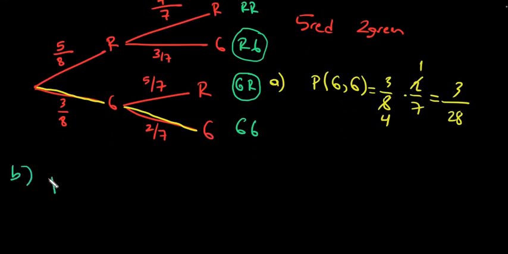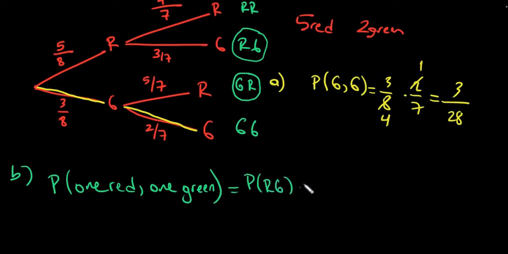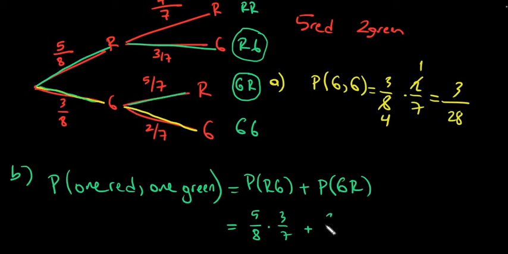B. Probability of getting 1 red, 1 green. That's going to be the probability of getting red ball and green ball plus the probability of getting green ball and red ball. So this is going to be 5 over 8 times 3 over 7 plus, green and then red, 3 over 8 times 5 over 7.